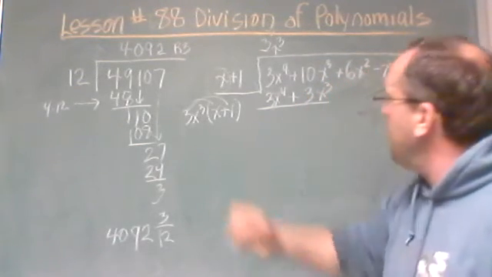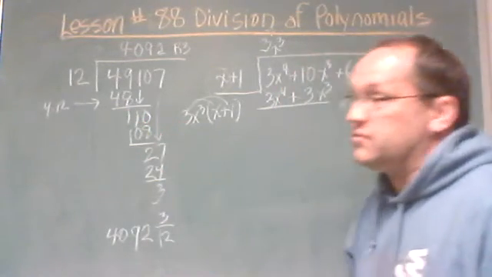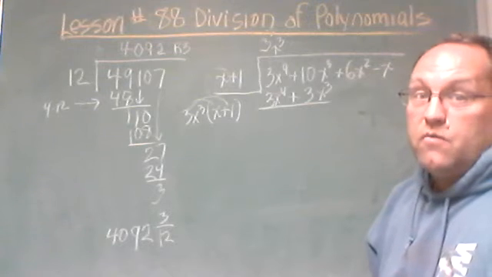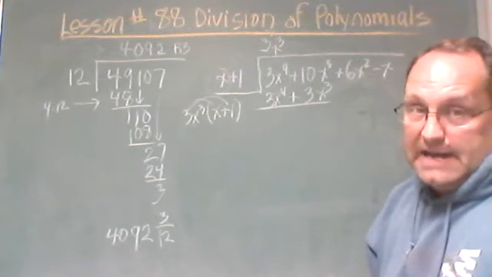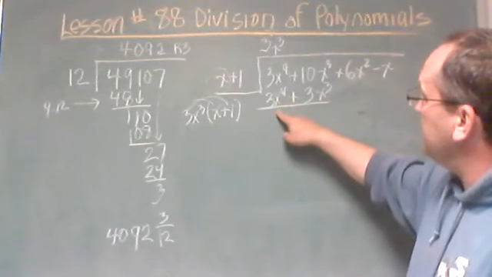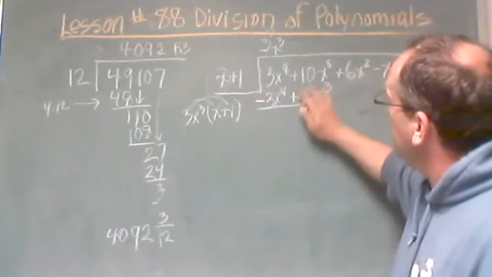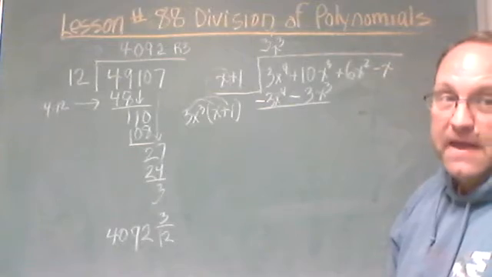Then I draw my line to subtract, like I would do over here to subtract. But again, with polynomials, we're going to change the sign and add. So that means I'm going to change the sign of both terms here. This will become a negative as well as this will become a negative. Because what am I doing?